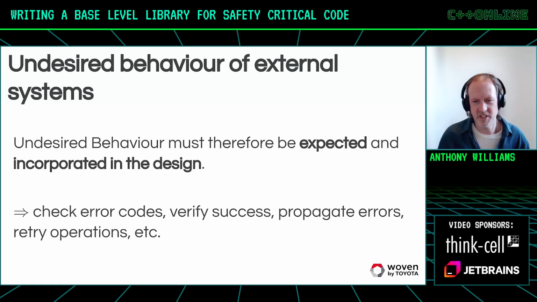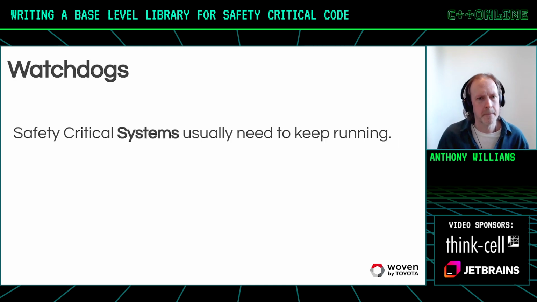Yeah, you have to check error codes, verify success, propagate errors, retry operations as necessary, all the things to make sure that everything works as expected and you know when it doesn't. One thing about safety critical systems is that they generally need to keep running.